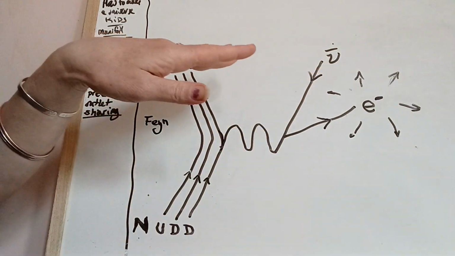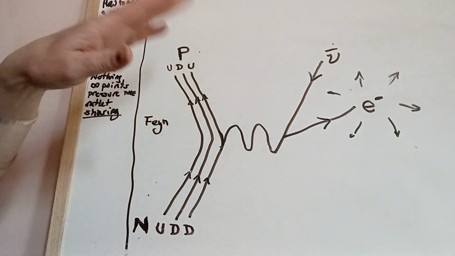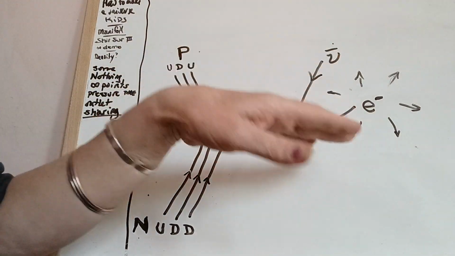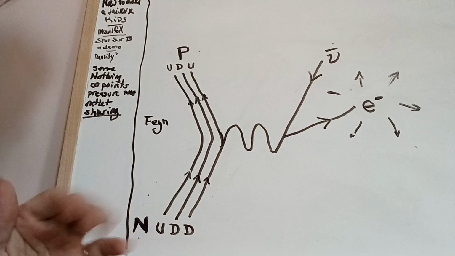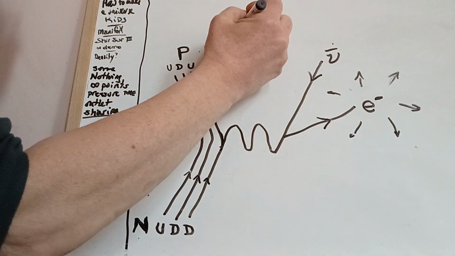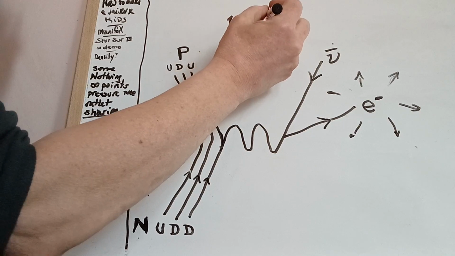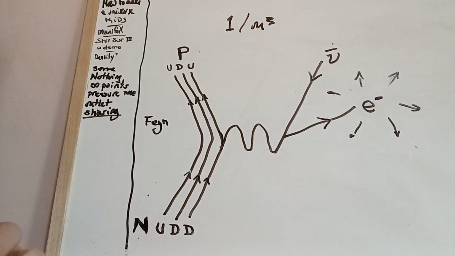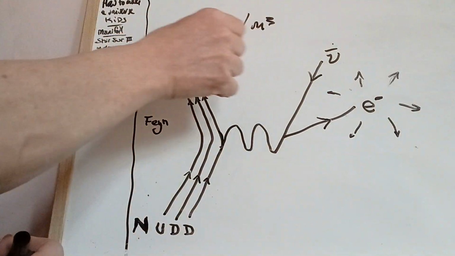Point is, I looked up what they call the cross-section of a proton, a neutrino, and an electron in free space at a density of 1 particle per cubic meter. Because that's the estimated density of deep space and voids.